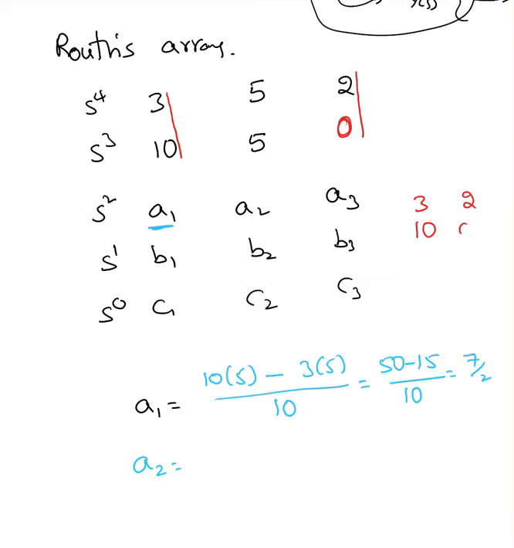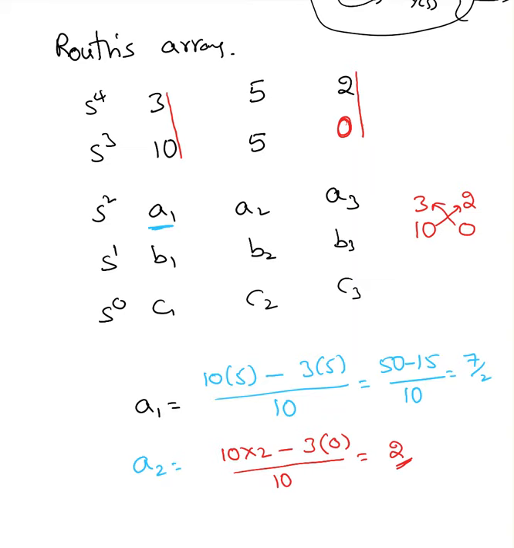So it's going to be 10 times 2 minus 3 times 0 over 10. So 10 times 2 minus 0, which is 10 times 2 divided by 10, will give you 2. So I found A1 and A2.